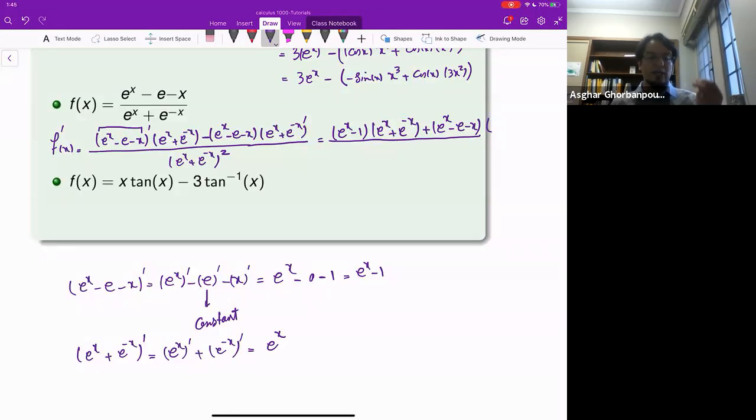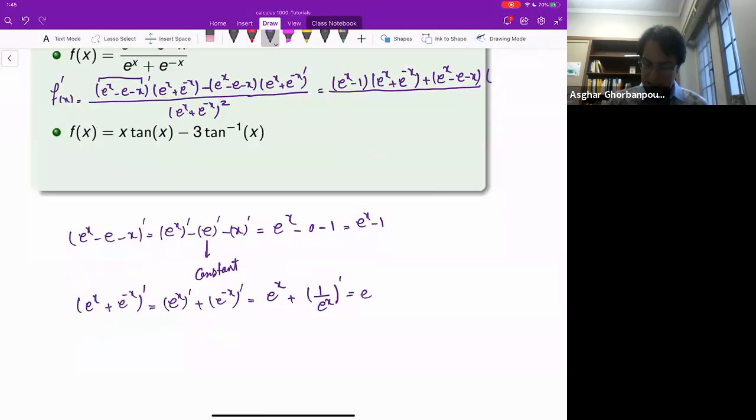Well, here you can do two things. One is that you write e to the power negative x as 1 over e to the power x. Then you have a quotient of two things. And what you can do now is apply the quotient rule. So it will be the derivative of 1 times e to the power x minus 1 times the derivative of e to the power x, over e to the power x squared.